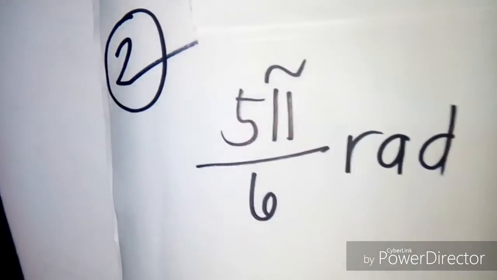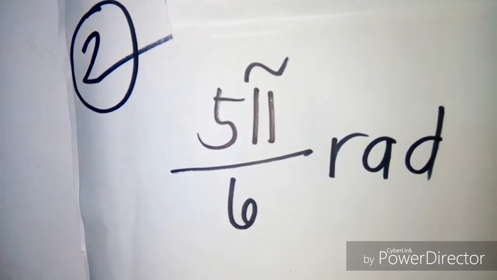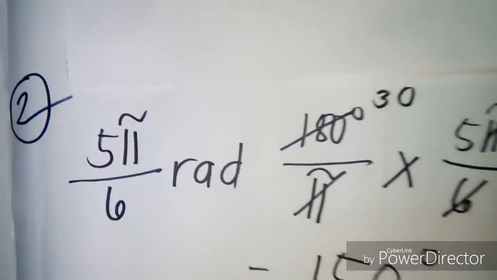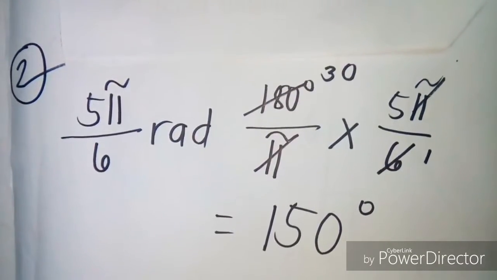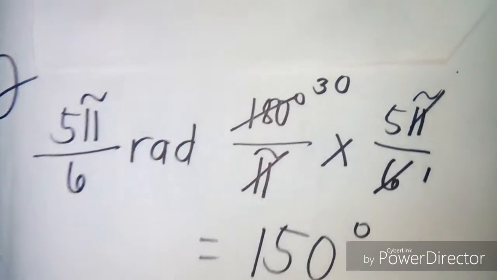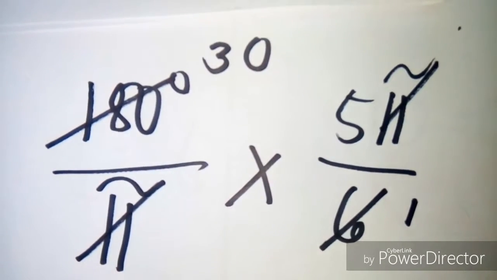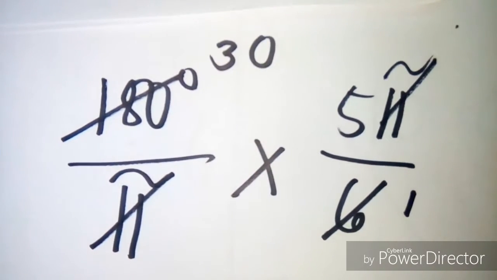5 pi over 6 radian. So we're going to convert it to degrees using the formula. 180 degrees over pi times 5 pi over 6. We're going to multiply it. Cancel pi.